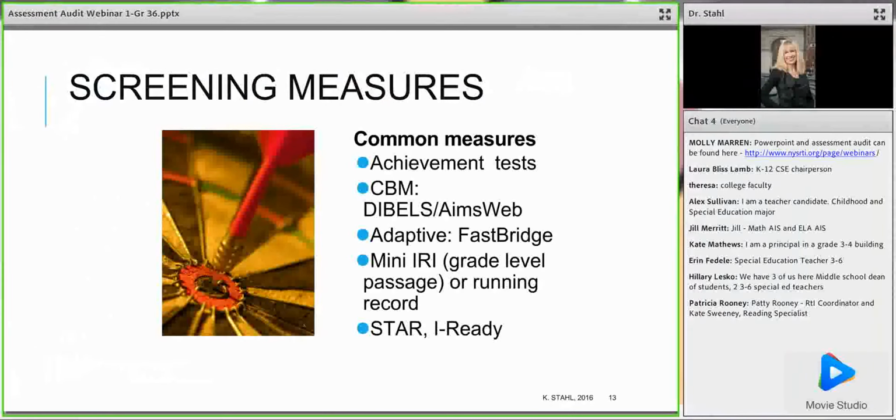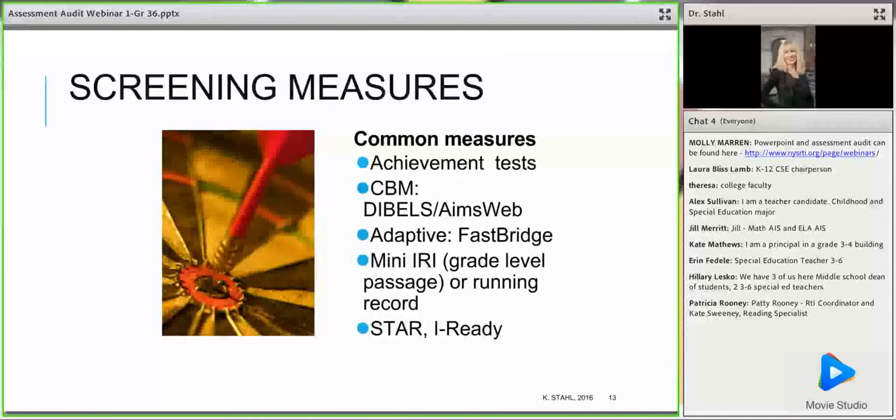Okay, here are some examples of screening measures that you currently might be using. Things like achievement tests. I know a lot of the charter schools still use things like the Terranova, Gates-MacGinitie achievement tests. CBMs are frequently used as screening measures, those put out by companies with nice packages like DIBELS or AIMSweb.